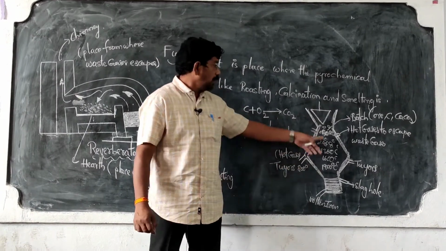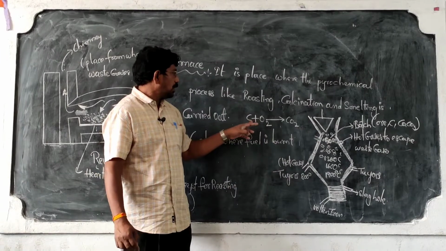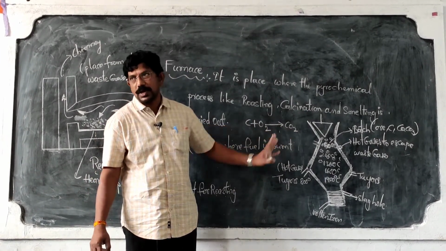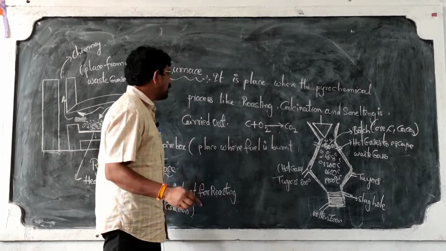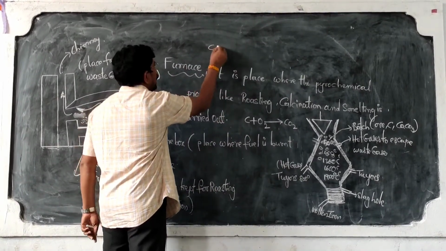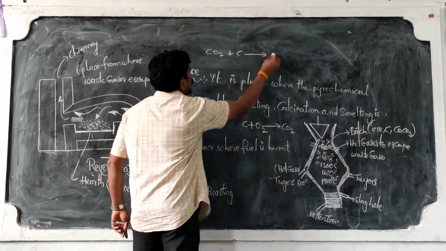Are you clear? In the lower temperature zone, coke reacts with the hot gas, oxygen, and gives carbon dioxide. And after that, what is the next one? This carbon dioxide further reacts with coke to give carbon monoxide.